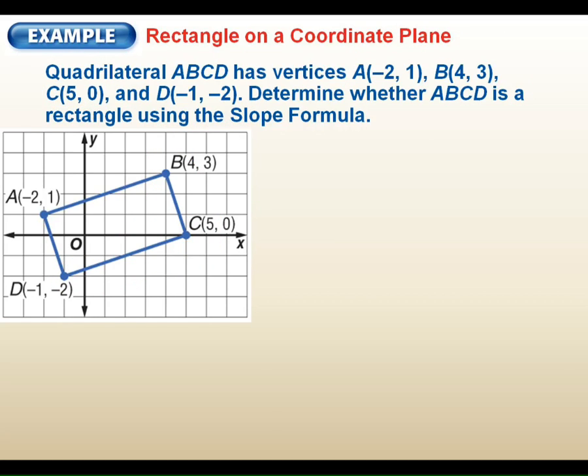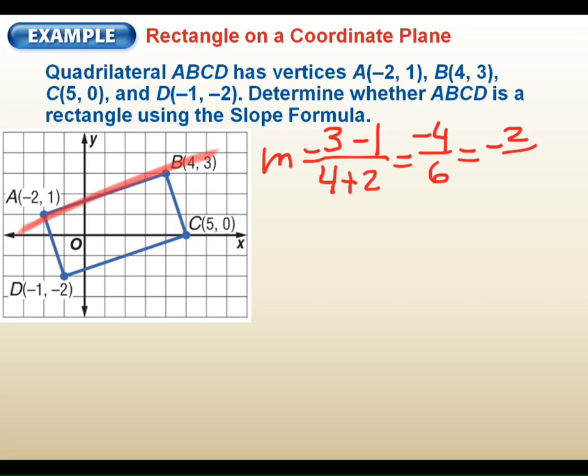So, first, let's find the slope of AB. Take the second y coordinate minus the first, over the second x coordinate minus the first. So the slope of AB is negative 2/3.